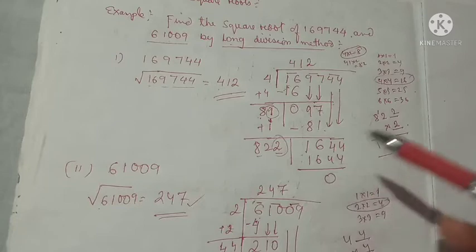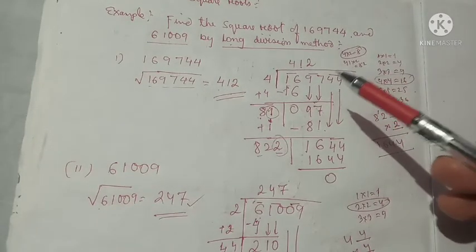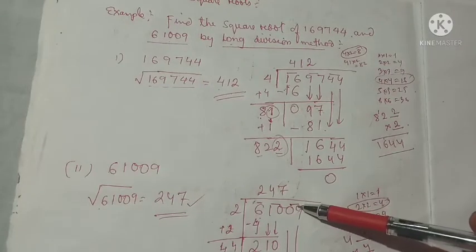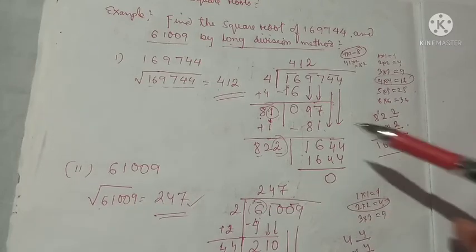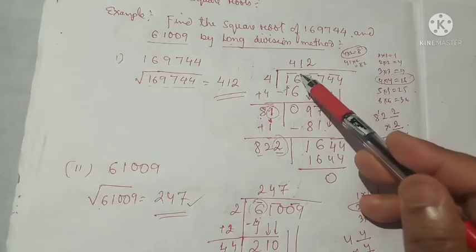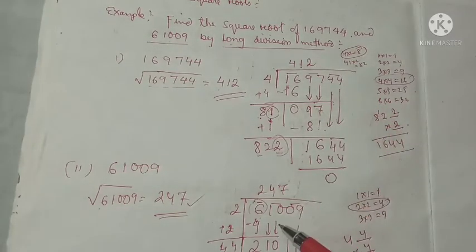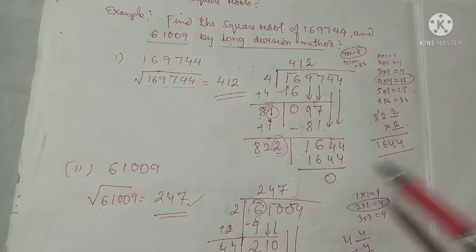Here the only thing is putting the pairs: place a bar over every pair of digits. If it is an odd number, then the last part will be a single digit. If it is an even number, then all the digits will be pairs. But in the case of odd numbers, the leftmost digit will be the single digit.